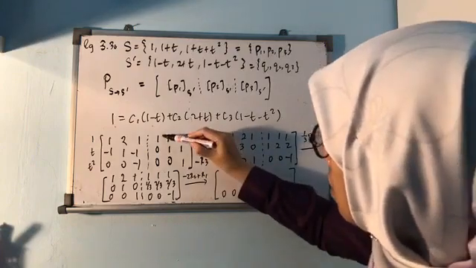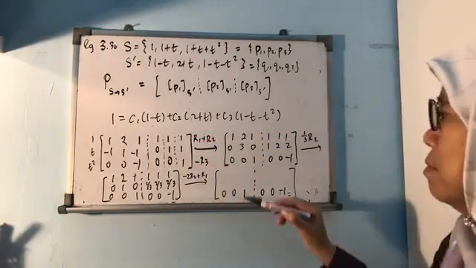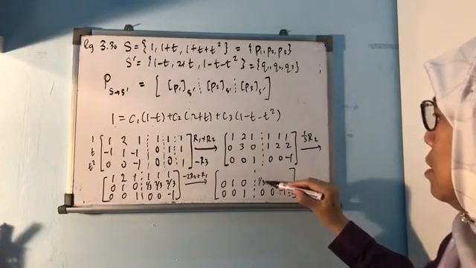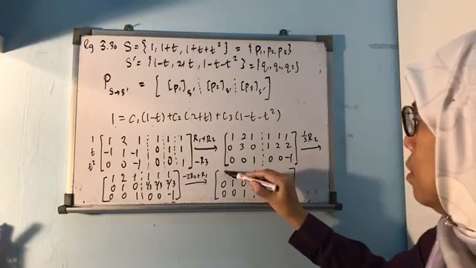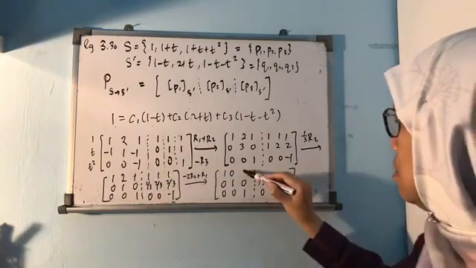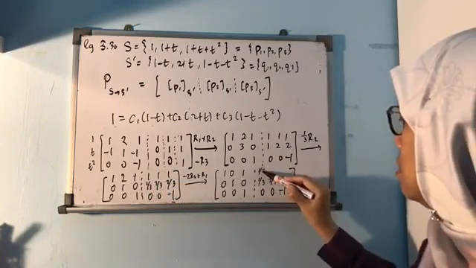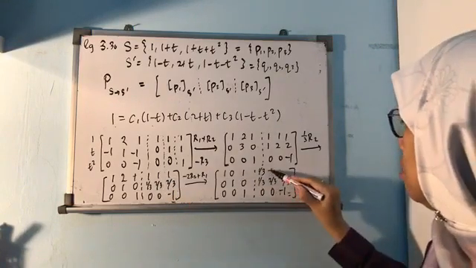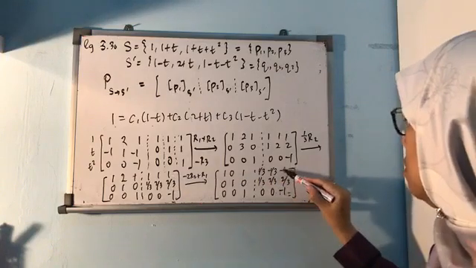So you see I didn't put this. Actually it goes like this. 0, 1, 0, 1/3, 2/3, 2/3, 1, 0, negative 2, and add. Negative 2/3 plus 1 is 1/3. Negative 4/3 plus 1 is negative 1/3. Negative 4/3 plus 1 is negative 1/3.